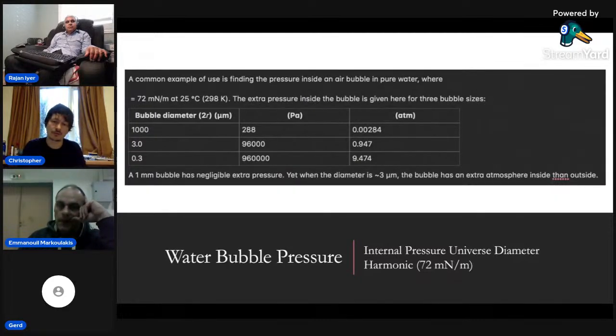If we look at water bubble pressure, which is perhaps interesting, the surface tension for water is 72, newtons per meter I guess. With a bubble diameter of 1,000 micrometers, we get 228 pascals.